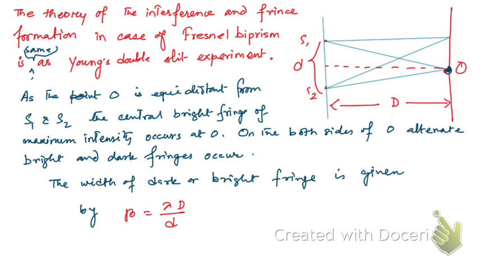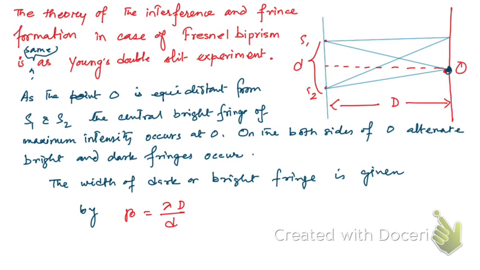So we have got this fringe width in Young's double slit experiment. Because the theory is same as Young's double slit experiment, we can use the same relation here as well. Okay, so hope you have understood this.